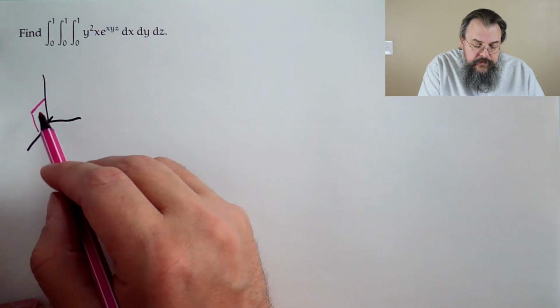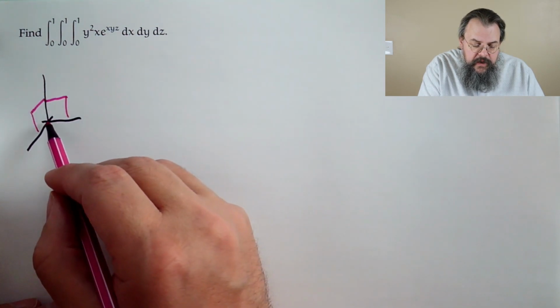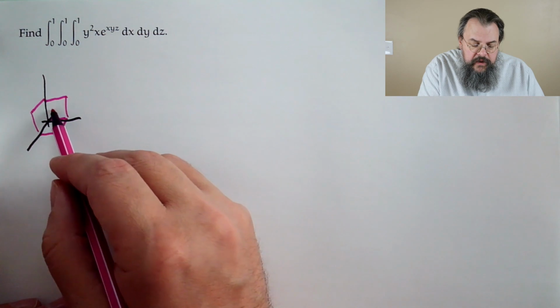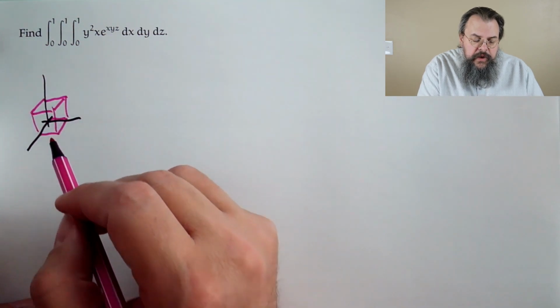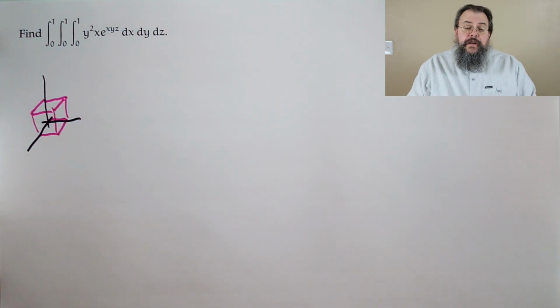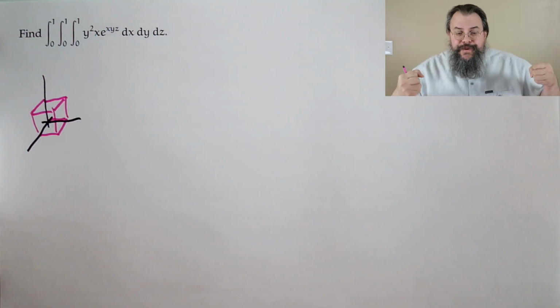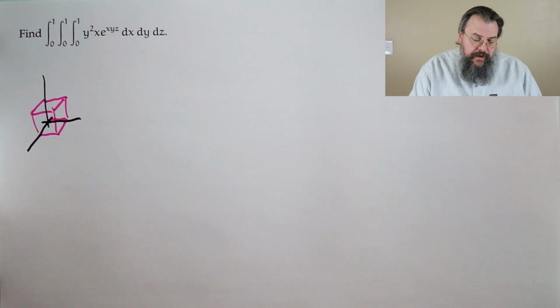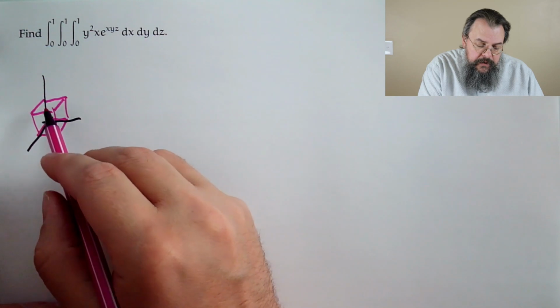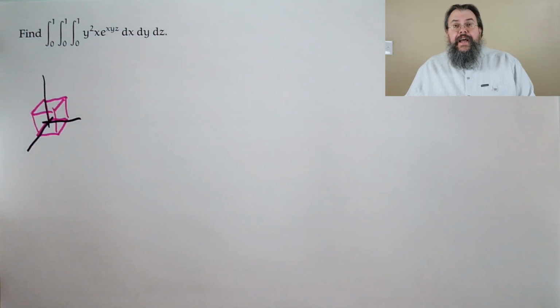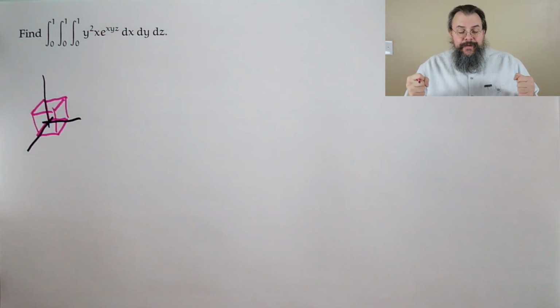Now, one of our first thoughts might be like, wow, this seems pretty nice. Do we really have to do much work? Well, can we pull this integral apart into pieces like we did a little while back on an earlier problem? And the answer is no, we can't.